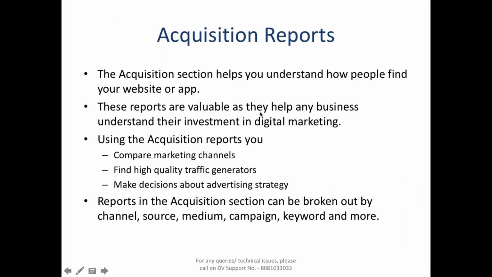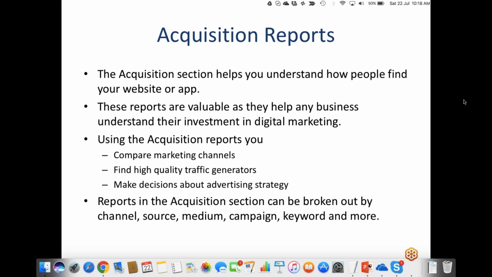So the acquisition section helps you understand how people find your website or app, and these reports are valuable as they help any business understand their investment in digital marketing. Using the acquisition reports, you compare marketing channels, you find high quality traffic generators, and you make decisions about advertising strategy.